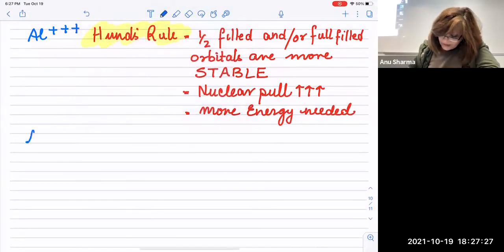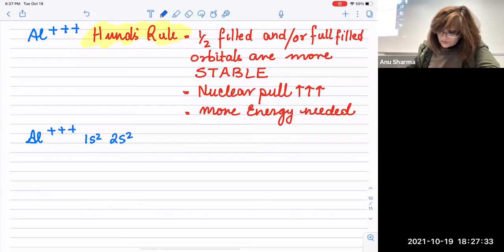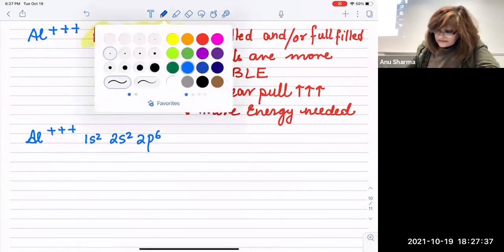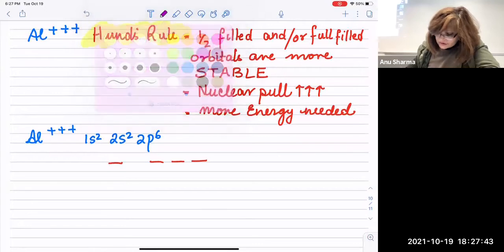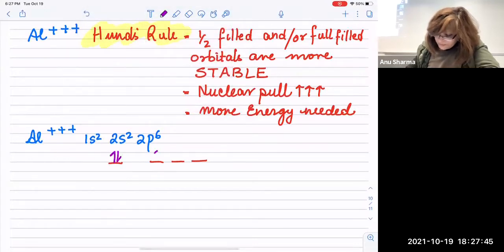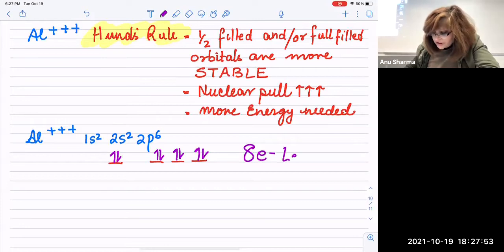But when you have aluminum +3, which looks like 1s2, 2s2, 2p6, you see that this is a very, very stable situation. 2s2 and 2p6, every single electron is paired, and there are 8 electrons in the last shell.